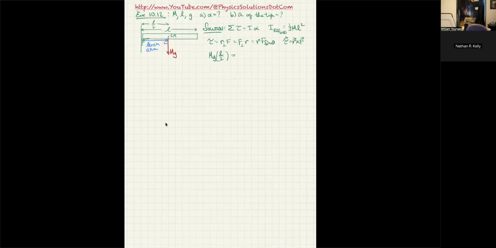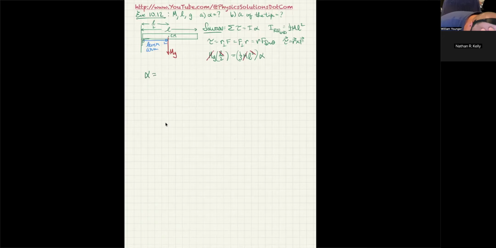Okay, so using the summation of the torques, which we have written down now, is equal to I times alpha. That means the I is going to be 1/3 ml squared, and the alpha, which is what we're looking for, is just alpha there. And as we said, we're looking for alpha and then we're looking for A for the tip. So at this point, we can see that the M cancels out with the M. We can also see that one of these L's cancels out with this L. And we can go ahead and solve for alpha.